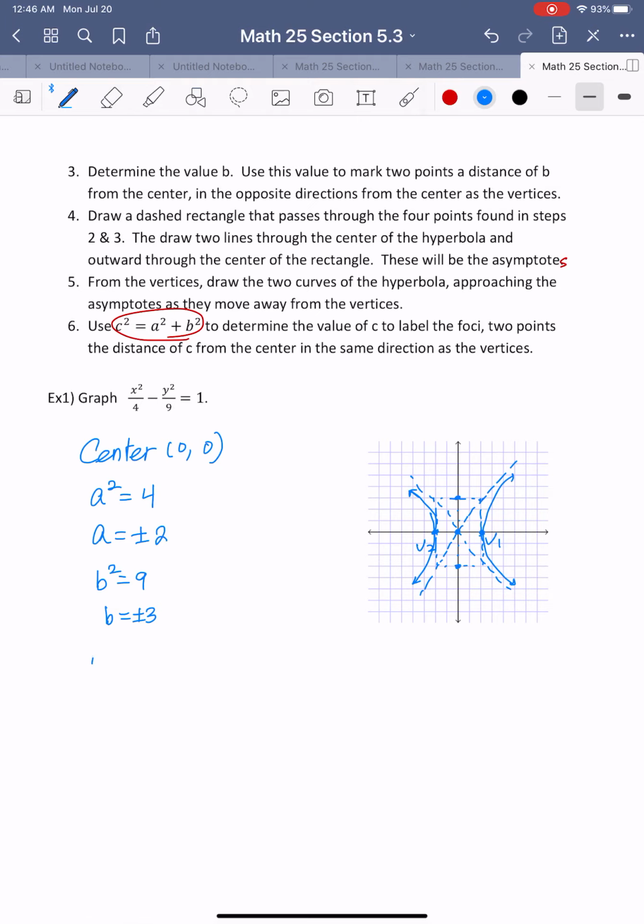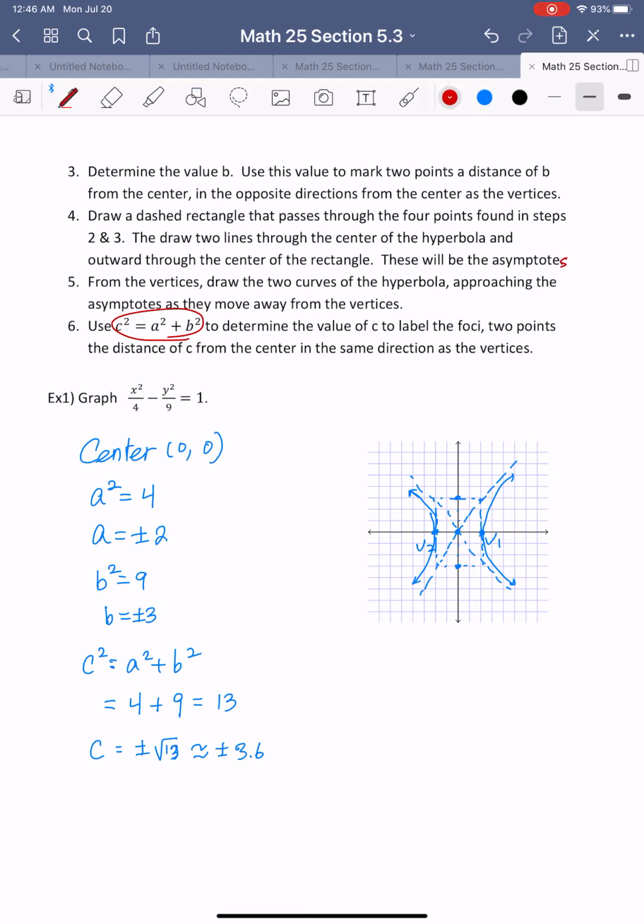Actually, the formula for the foci is c squared equals a squared plus b squared. So a squared is 4, b squared is 9, which is 13. So c is actually plus or minus radical 13, which is about 3.6.